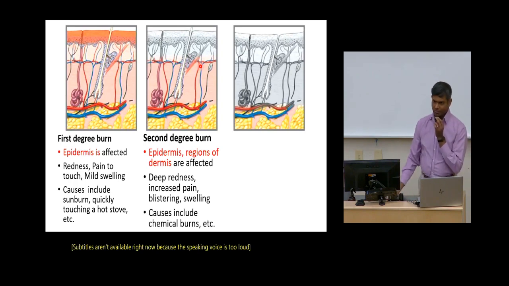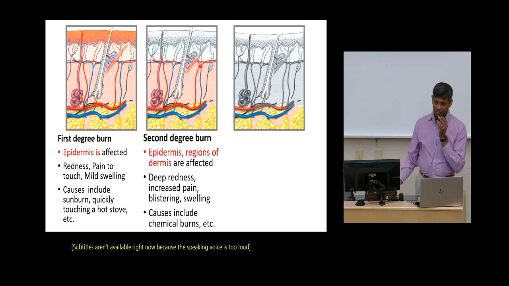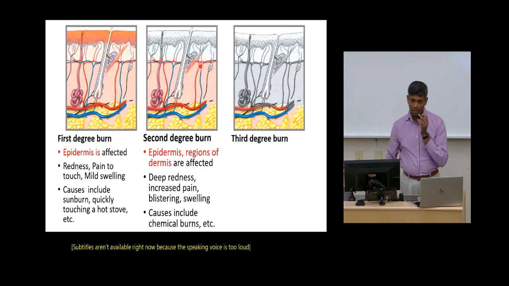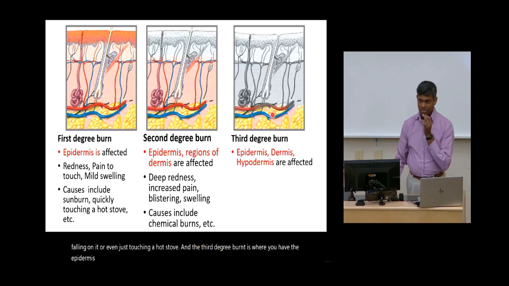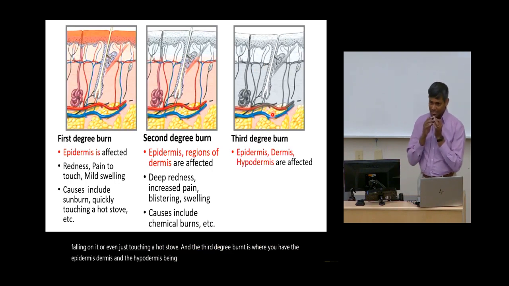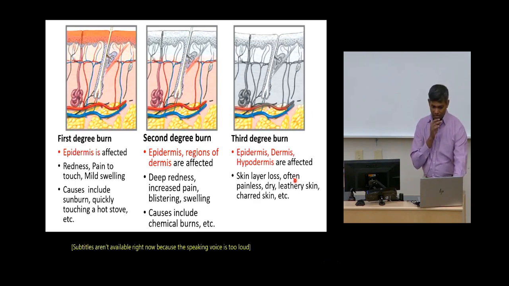And causes of second degree burns could be chemical burns, boiling water falling on it, or even just touching a hot stove. And the third degree burn is where you have the epidermis, dermis, and the hypodermis being affected, and this can result in charred skin. It can become dry and leathery, and this is often painless.